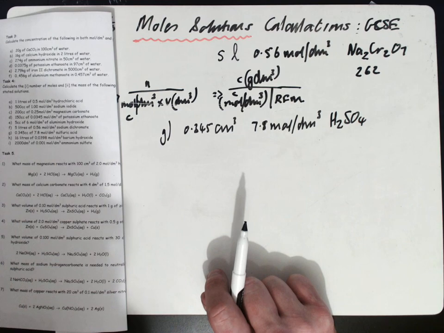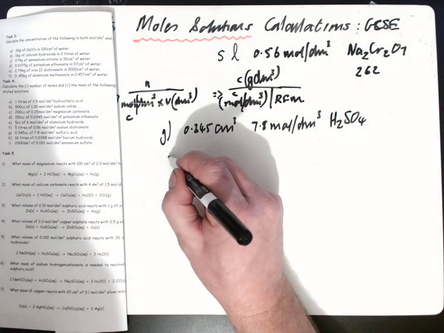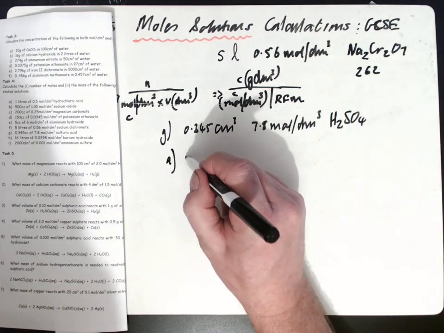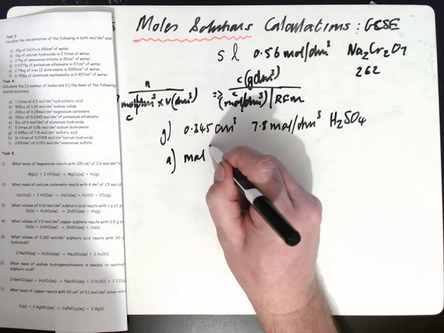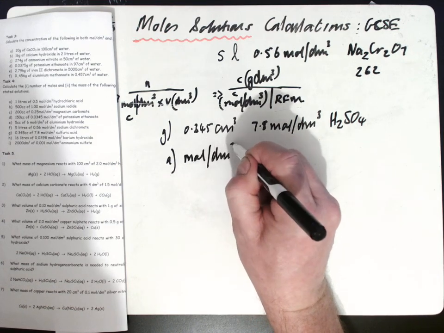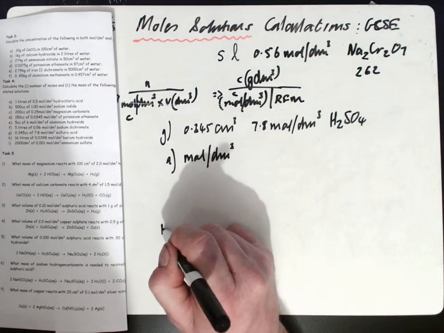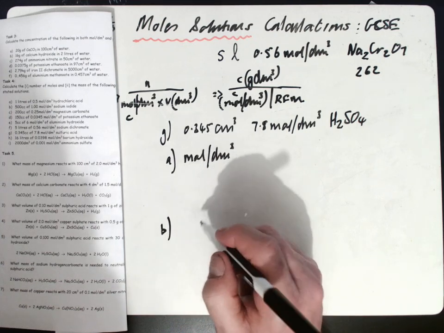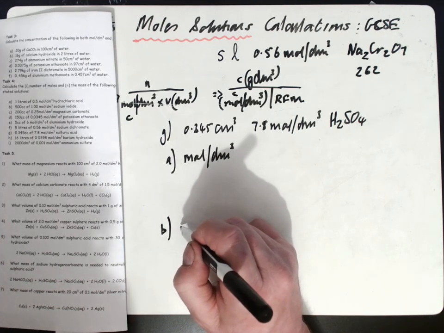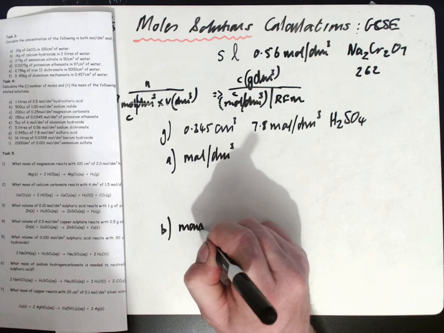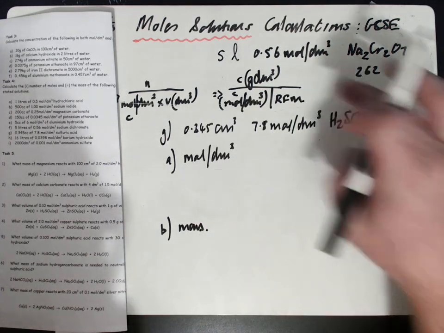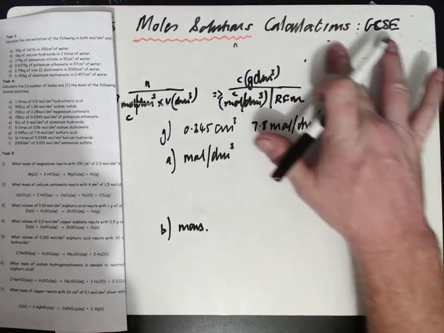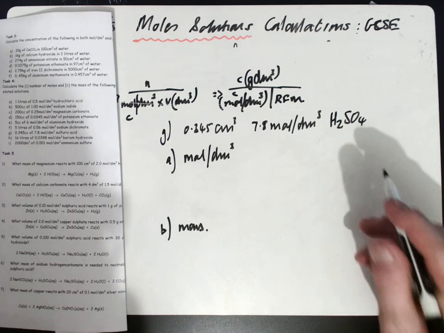So again we've got to get two things. We've got to get concentration in moles per decimeter cubed, and we've also got to get the mass of that solid that would be needed. So we'll get rid of this stuff from our last question up here.